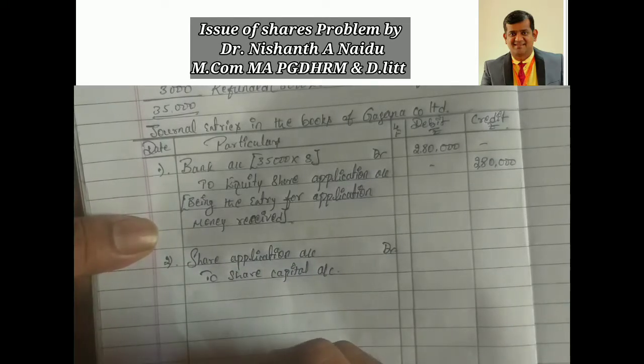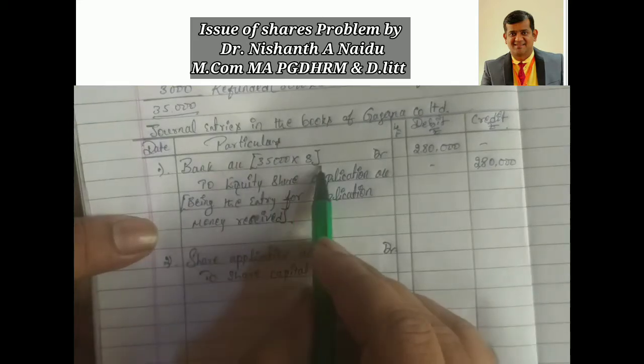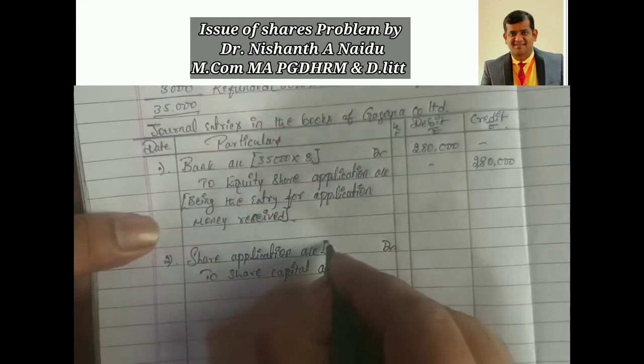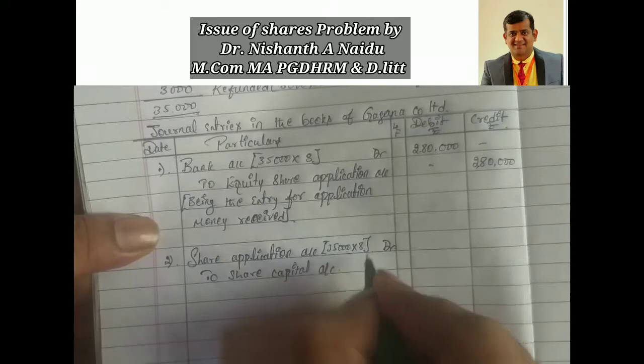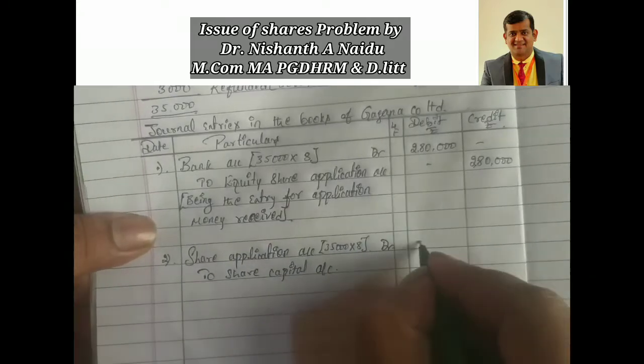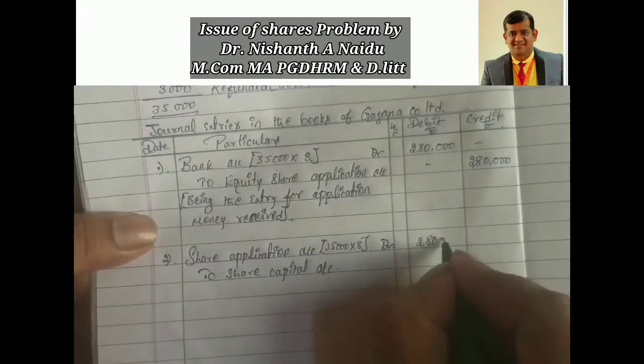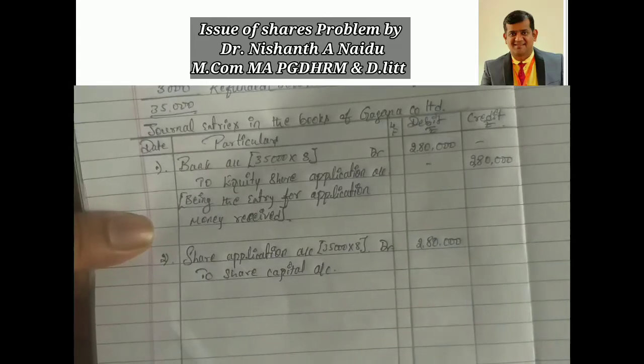As share application money, how much have we received? We have received 35,000 into 8. I am copying the same. 35,000 applications were applied for by the public, so I have received 2,80,000. Are you all clear?